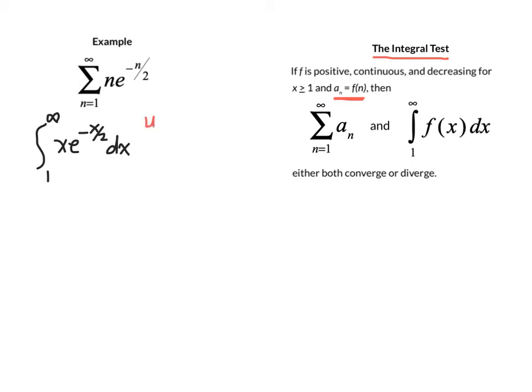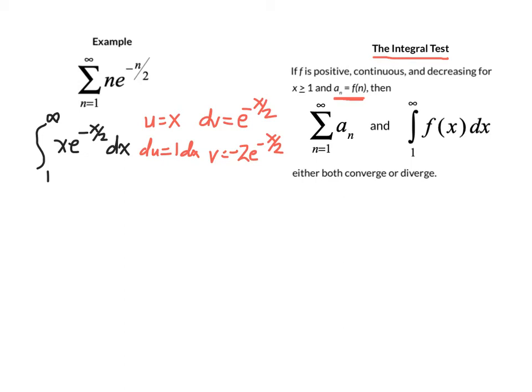So this is an integration by parts where u is equal to x, dv is the exponential in this case, e to the negative x over 2. So we do our little calculus here. du is 1 dx, and then v is going to be negative 2 e to the negative x over 2.